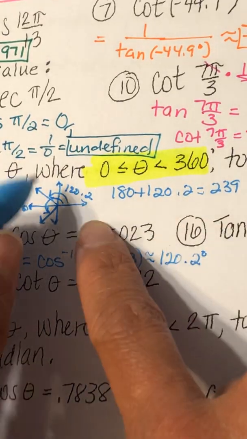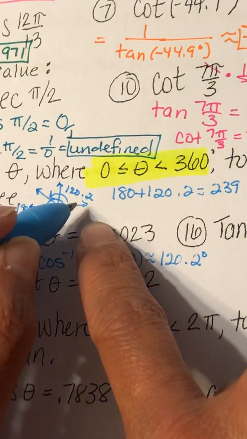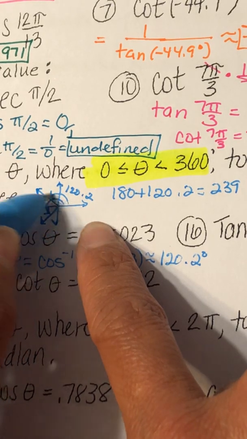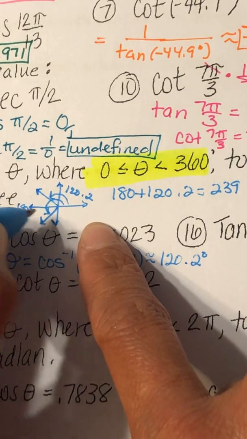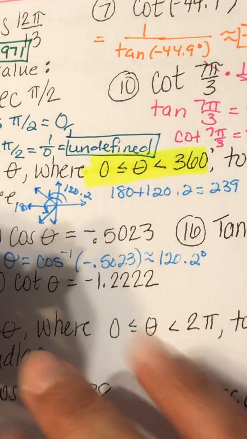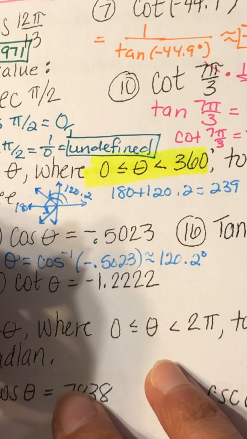But okay, so back up. 120.2 is over here. I forgot something. All right, so how did I get that answer?